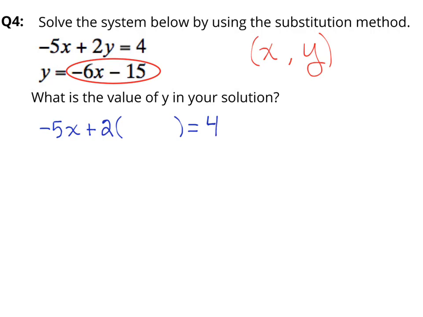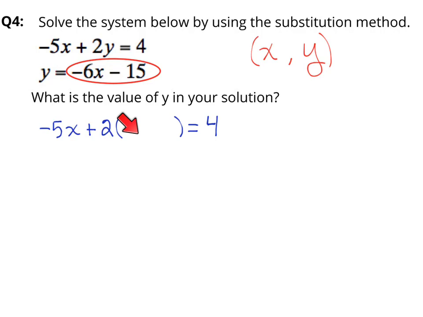So essentially what I just did is I wrote down this top equation, except for the parentheses part. Instead of parentheses, I should have a y. But I wrote parentheses because I know that wherever I see a y, I could write negative 6x minus 15. And you might be asking yourself, well, why write all that if y seems so much simpler?